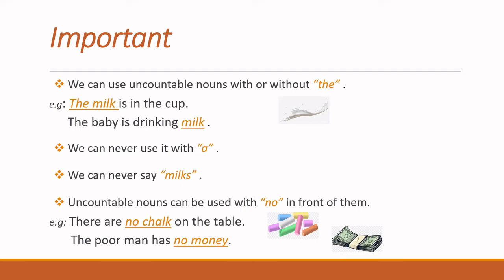That means we can use uncountable nouns with the or without the. We can never use it with a. We can never say a milk. Also, we can never add s. That means we can never say milks.